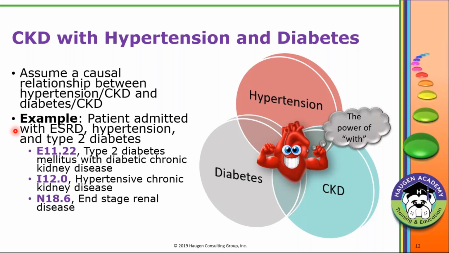So you would assign all three. That was how I sequenced it, but sequencing depends on the circumstances of admission. Since they've got both diabetes and hypertension, if the reason they were admitted was because of the end-stage renal disease, then probably either one of those could go first.